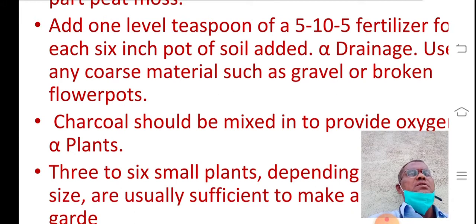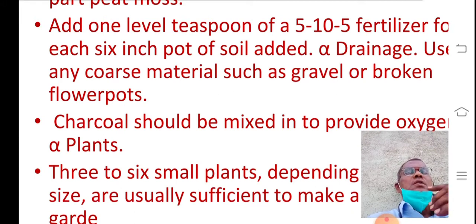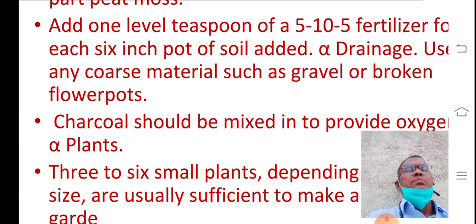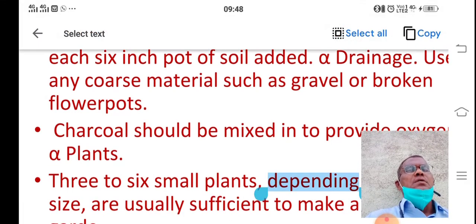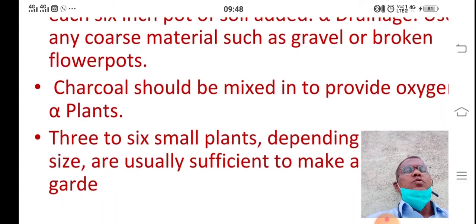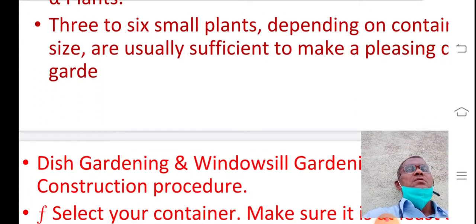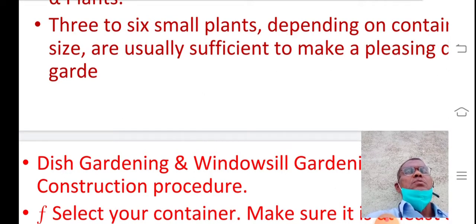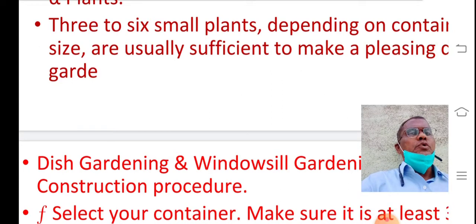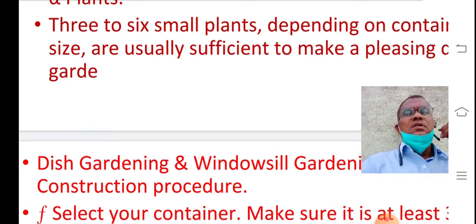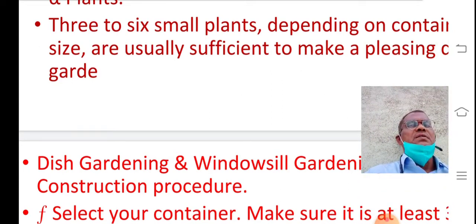Five to ten spoons of fertilizer are generally used, because more fertilizer may have an effect on plant growth. There should be no crowding of the plants inside the pot. This is also one interesting part.